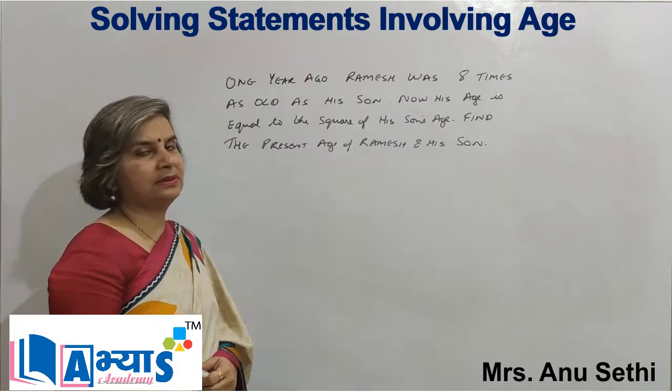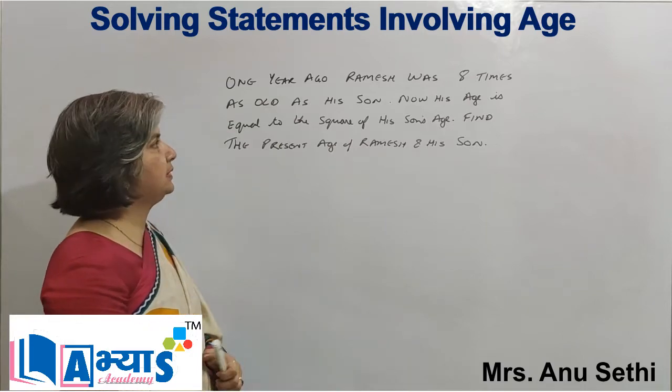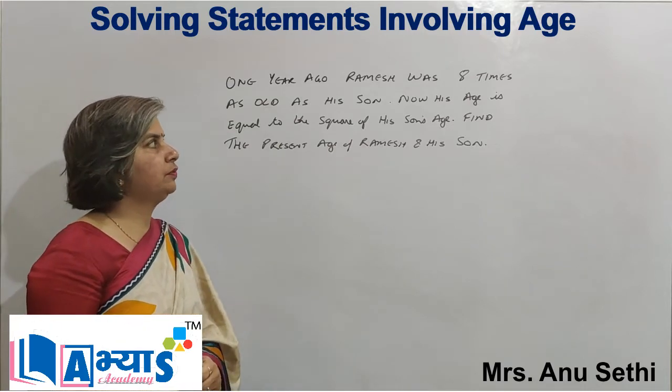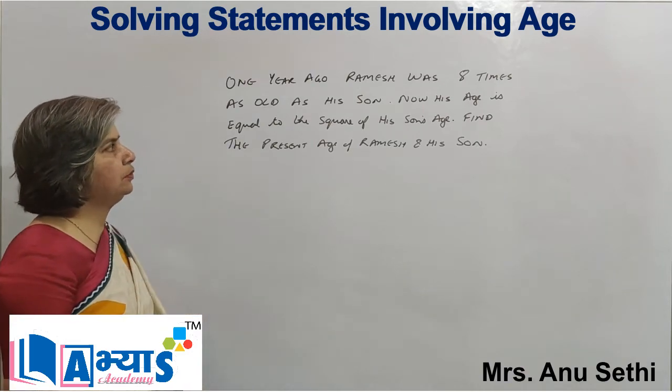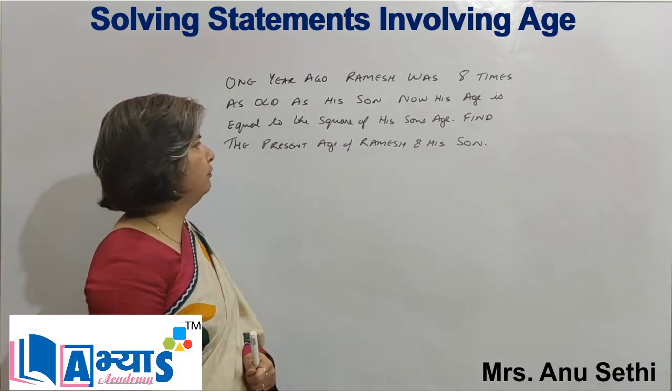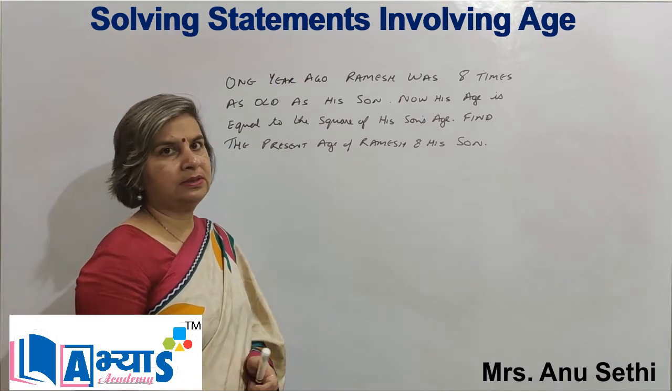Now let us discuss another question. Suppose it is given that 1 year ago Ramesh was 8 times as old as his son. Now his age is equal to the square of his son's age. Find the present age of Ramesh and his son.